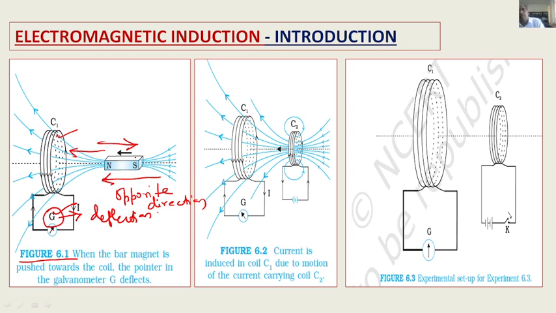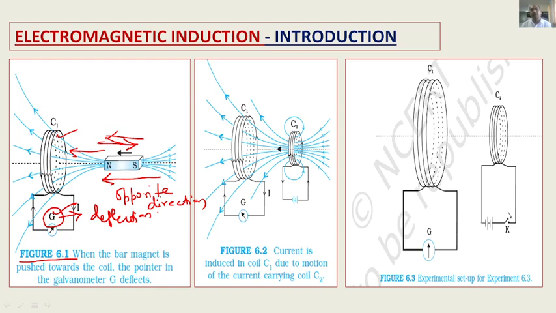And similarly, when it is pulled back, deflection is observed in the opposite direction, which means it reverses its polarity. So this was the first experiment, where a bar magnet is moved towards the closed loop coil.